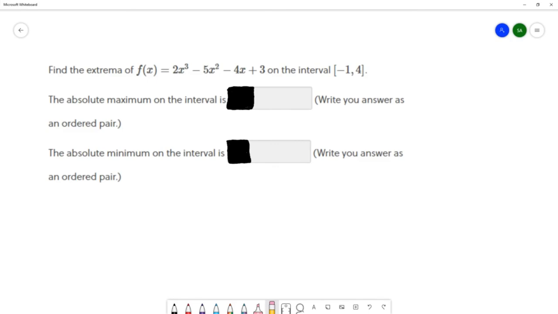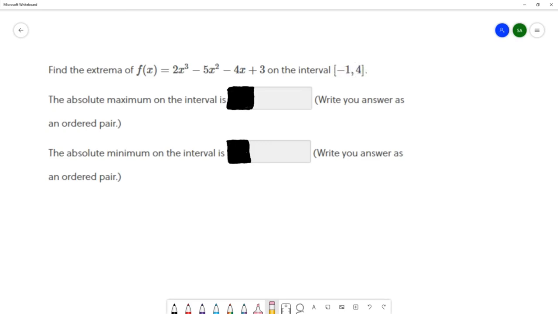So on this question, we want to find the extrema of f of x equals 2x cubed minus 5x squared minus 4x plus 3 on the interval from -1 to 4. So I want to point out just a little bit of nuance here, that we are looking for extrema on an interval.